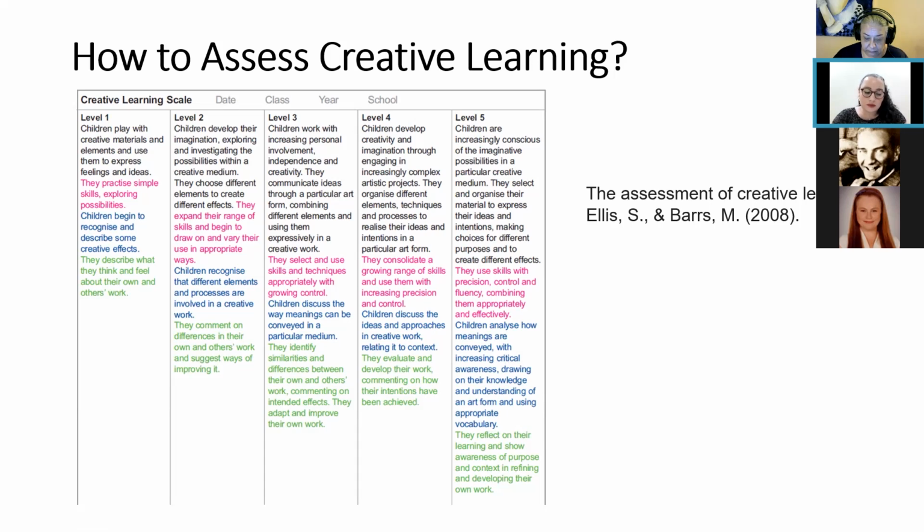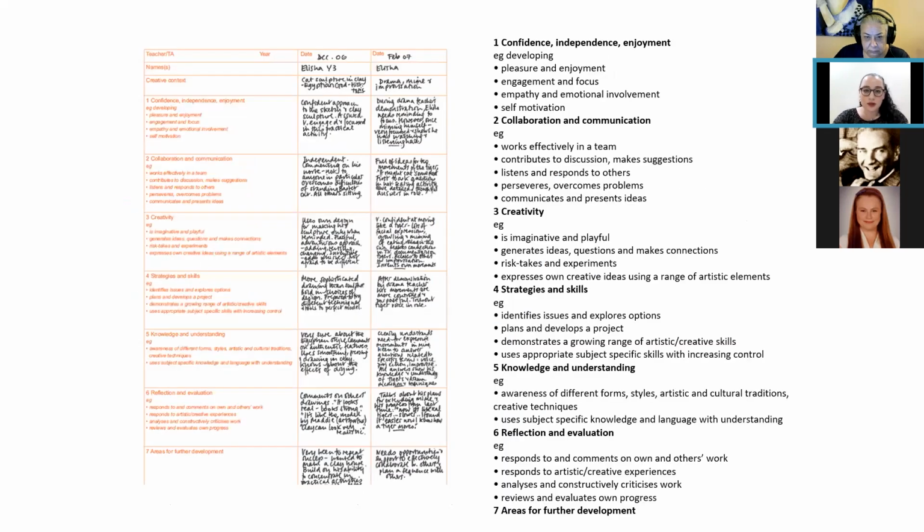So this was a model for creative learning assessment comprising collaboration, communication, knowledge, understanding, strategies, skills. These strengths form the key headings within the creative learning assessment observation framework. That's the observation form, actually.